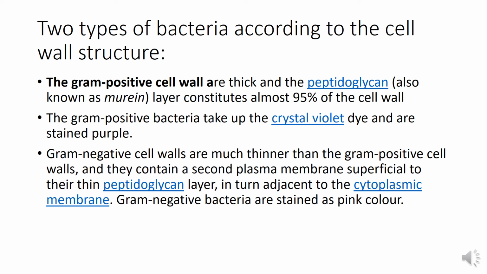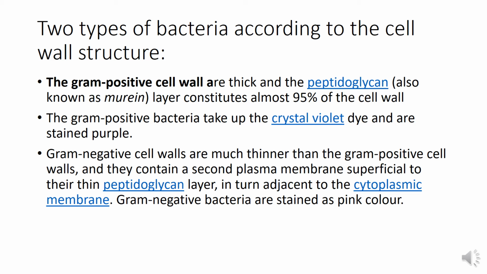This is thick. Gram-positive bacteria take up the crystal violet dye and are stained purple.